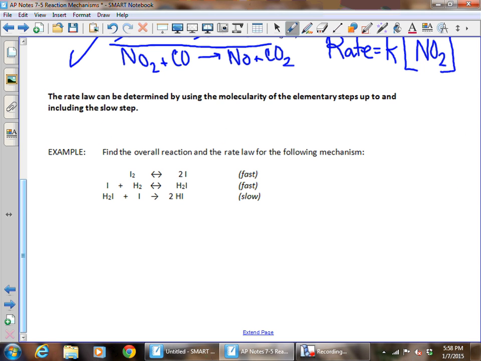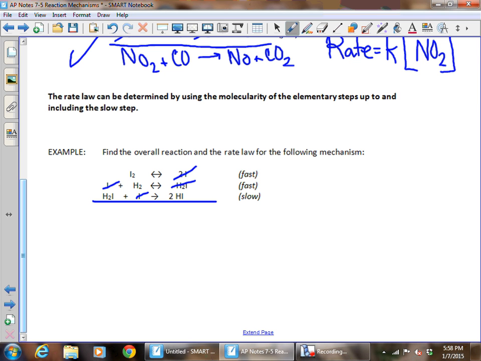Let's look at another one. This one wants us to find the overall reaction and the rate law for the following mechanism. So let's look at this. First of all, we're going to cancel anything that can be canceled across the arrow. So it looks like we're going to be able to cancel 2 I's with our I's on the left-hand side.